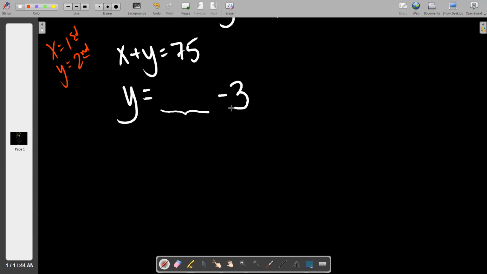Twice my age is 100 because that's 2 times 50. You're probably 15 or something like that. Twice your age is 30. Twice something is 2 times. So if I just say this, I'm leaving out the fact that it said twice. It said the second number is 3 less than twice the first. That means twice the first. Got it?